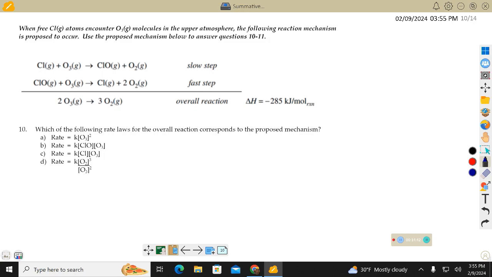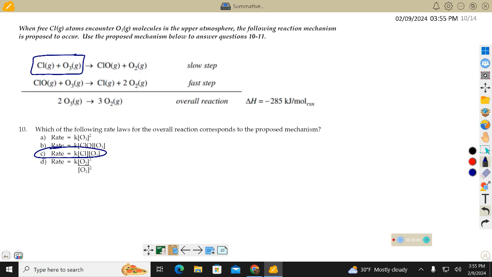So if this mechanism is correct, then if I go in the lab, the rate law should match the rate law based on the molecularity of the slow step, or the molecules colliding in the slow step. It should be first order for the chlorine and first order for the O3 ozone.